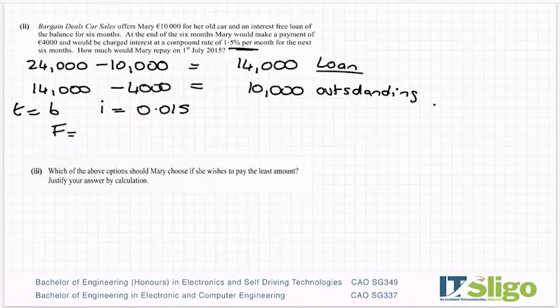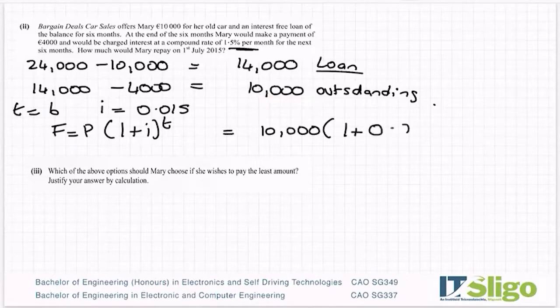Which says that F is equal to P times (1 plus I) to the power of T. Which is equal to, how much have we outstanding? 10,000 times (1 plus my interest rate 0.015) to the power of 6.